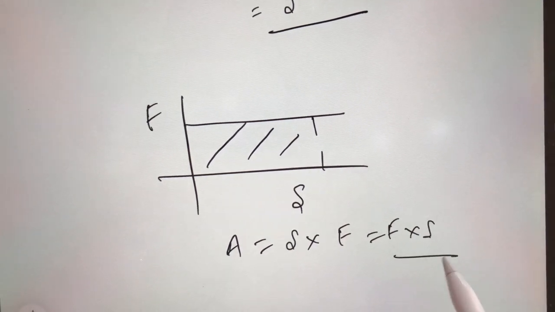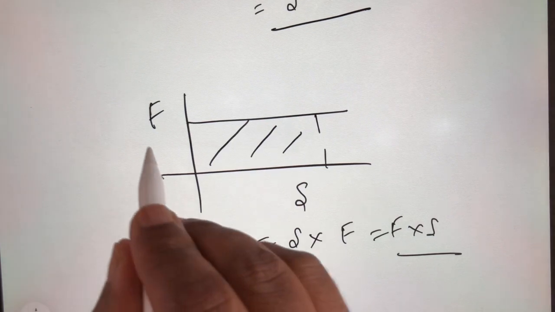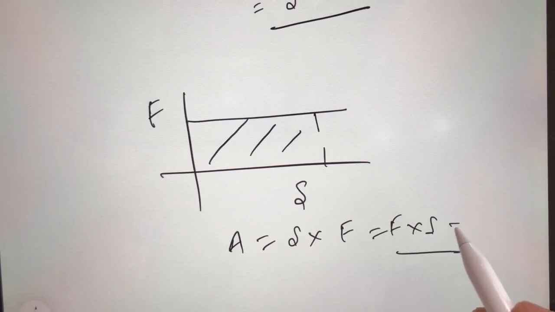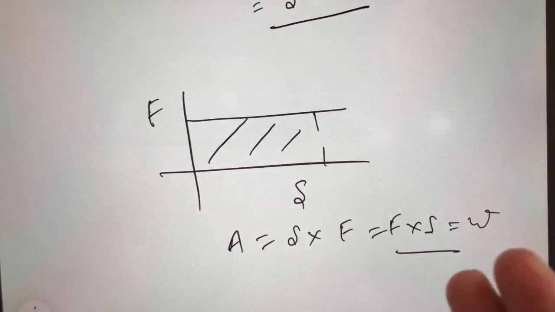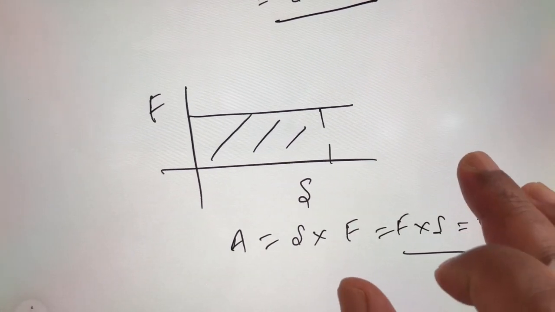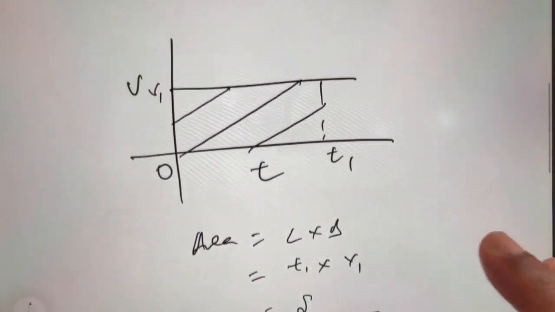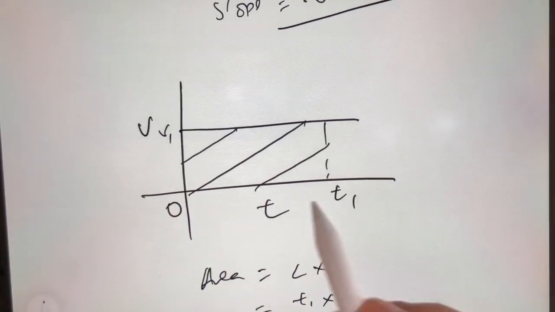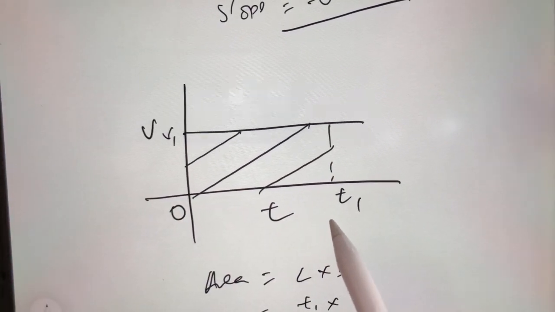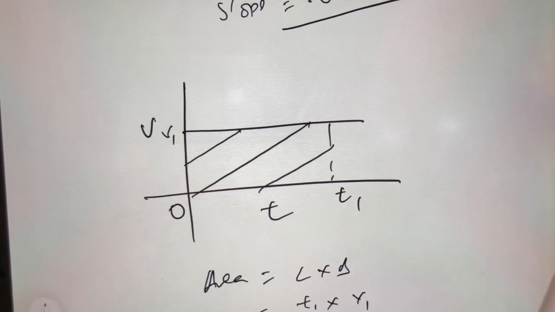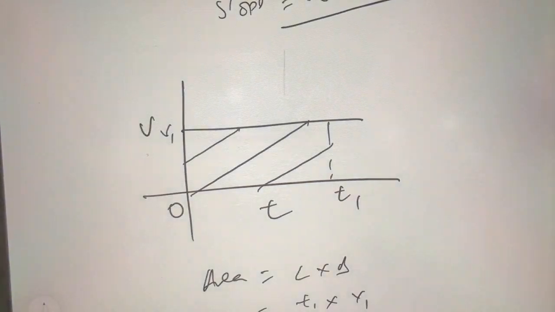So the area of a force displacement graph is force multiplied by displacement, which is actually the work done. These are some of the important significances of the area of a graph. And now let's utilize this information, that the area of a velocity time graph gives the displacement and the slope of a velocity time graph gives us the acceleration, to derive some equations of motion.